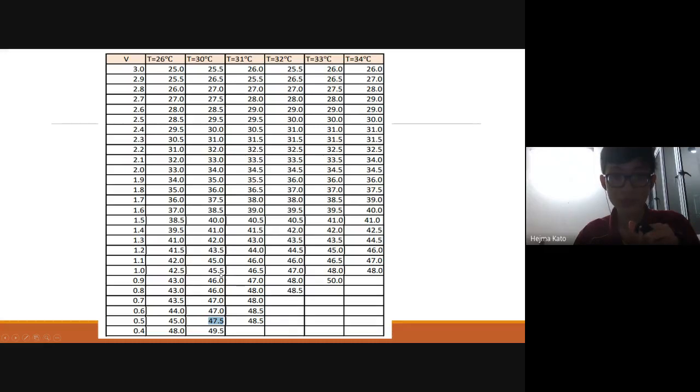This is around the same for 30 and 31. But above 32 degrees, when it attains the theoretical critical temperature, we can see the pressure increase doesn't have a stable point.